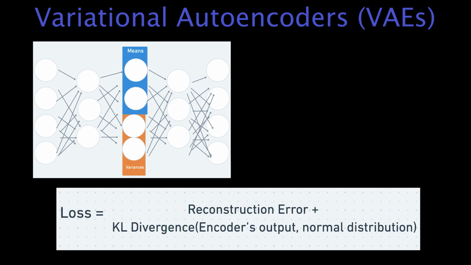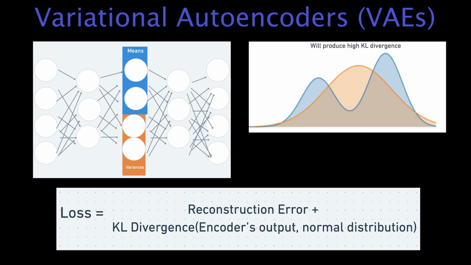In addition to the reconstruction loss, a KL divergence value between the encoder's output and a normal distribution is also added. This KL divergence value will always be positive, and as a result, encourages the encoder to produce more normal-like latent distributions.